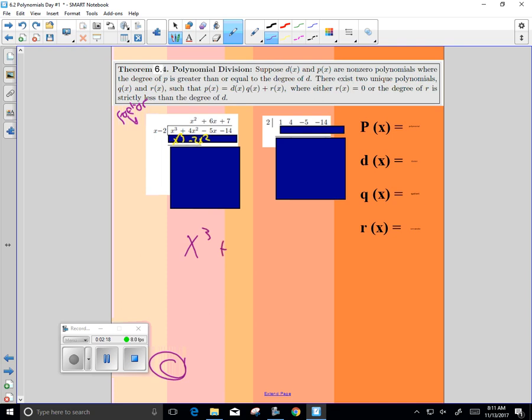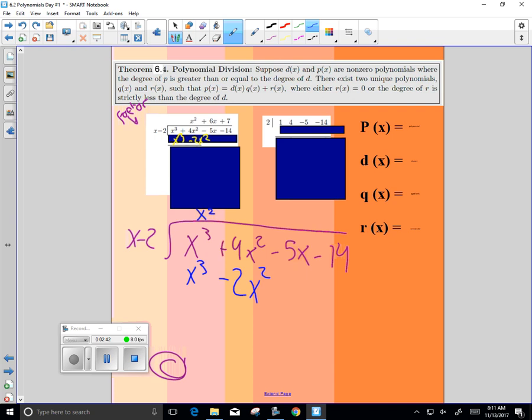X cubed plus 4x squared minus 5x minus 14, divided by x minus 2. And so we said if we multiply by x squared, we get x cubed minus 2x squared.